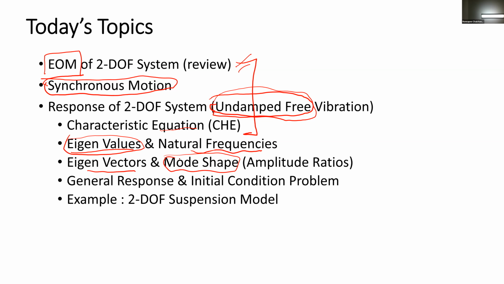And yeah, we will try to solve until we get the general response of two degree of freedom system. And we have one example, which is a simplified model of a suspension system, simplified into a two degree of freedom system. And yeah, that's today's content.